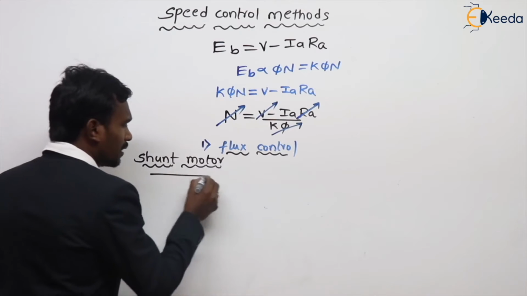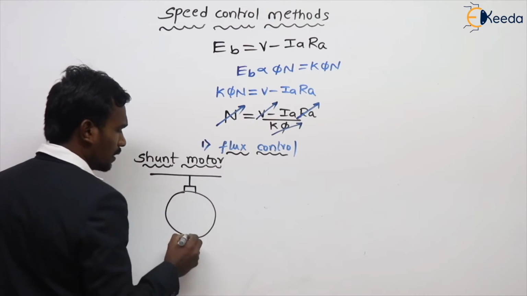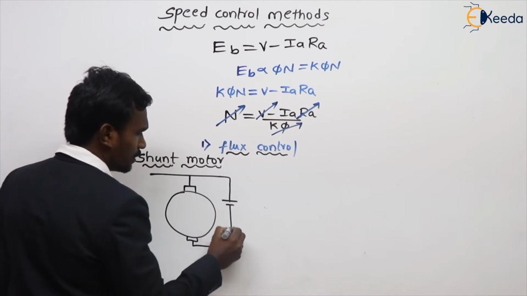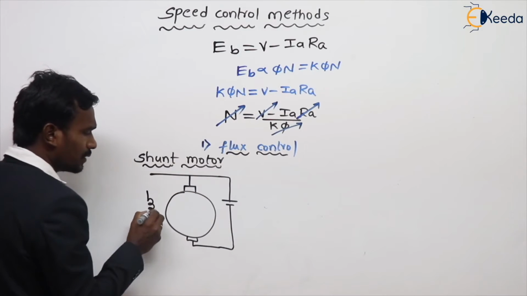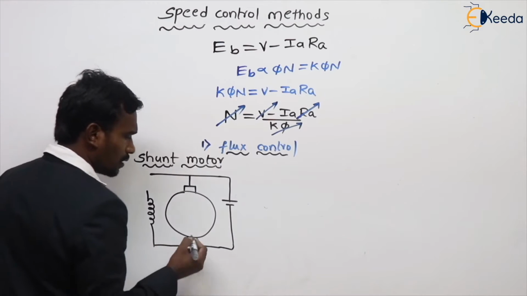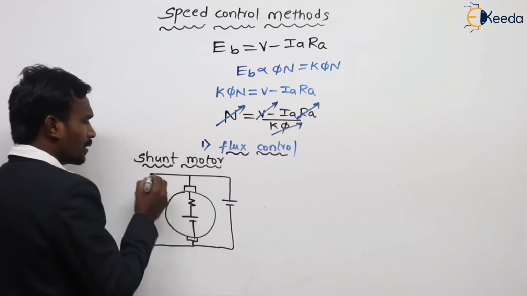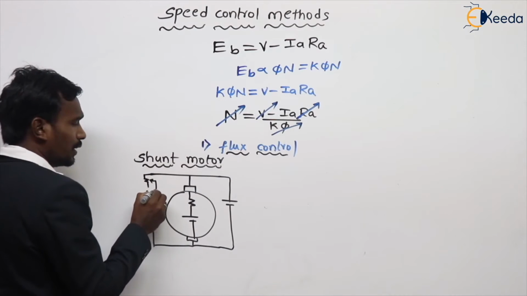In this method, for example, this is my armature. And here we have a field winding. Of course, here we have an armature winding, and this is connected to a rheostat.